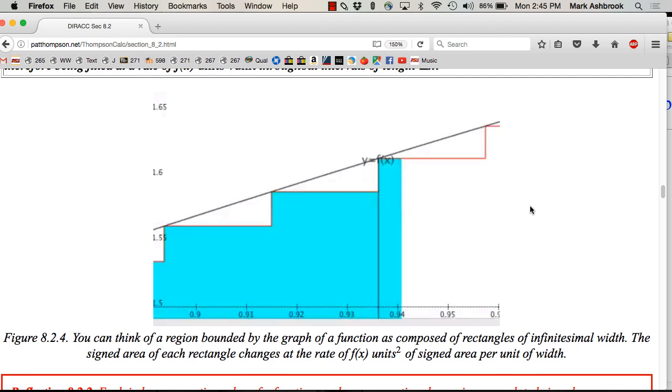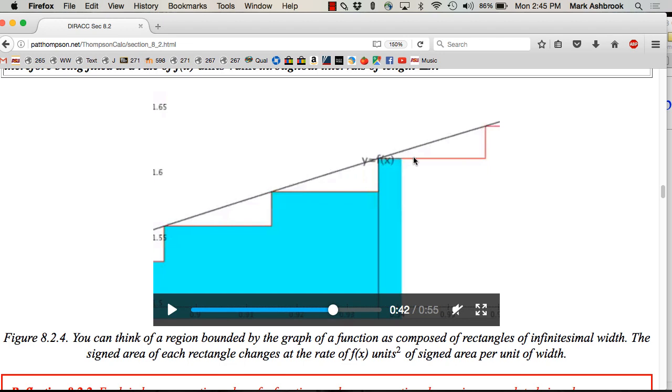And what did we just find? So if we were to look at that and think about the area below that red line down to the x-axis, what did we find that the rate of change was? So what's the rate of change of that area increasing in this interval? What is that rate of change? About what?